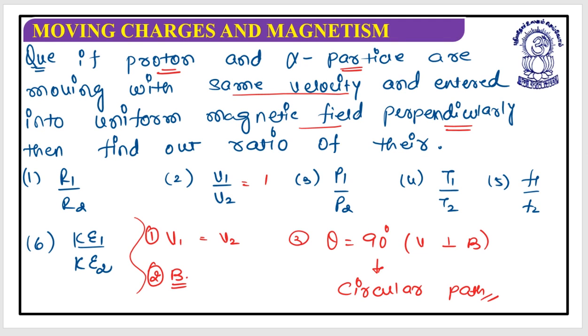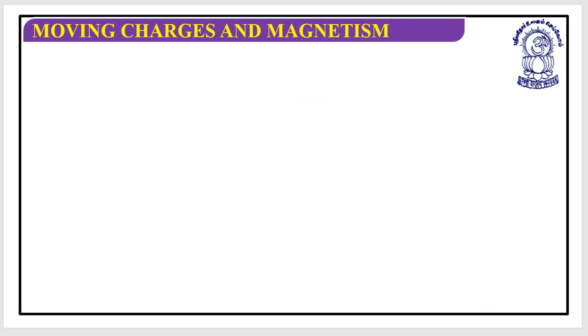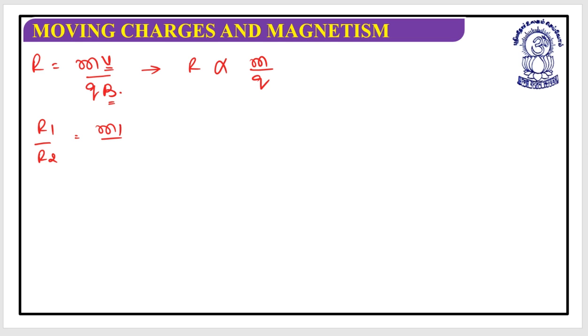Now I need to find out the radius. How could I do this? The radius is equal to mv by qB. In this case velocity is the same and magnetic field B is the same, so the radius is proportional to m by q only. So r1 is to r2 is m1 by q1 multiplied by q2 divided by m2.